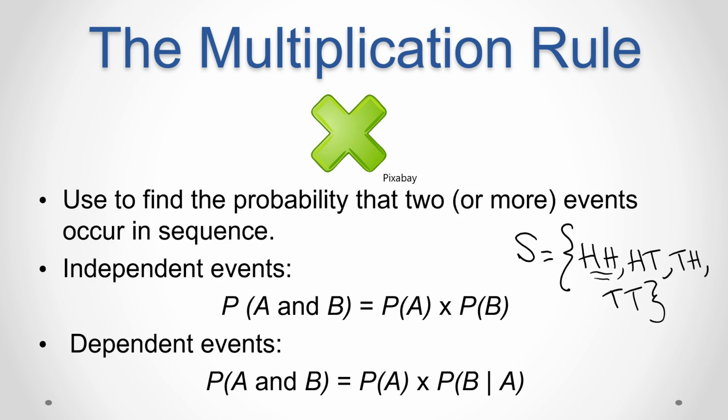Because each outcome is equally likely, we are looking for the probability of heads on the first and second flip. So we're going to take this apart for a second.